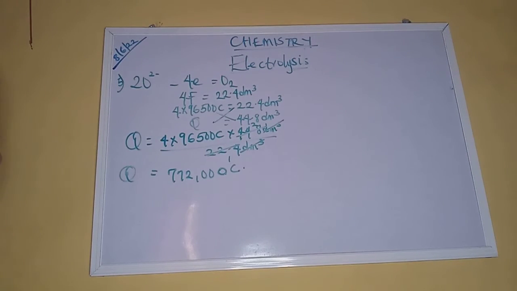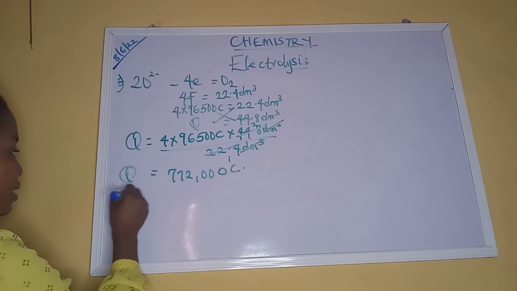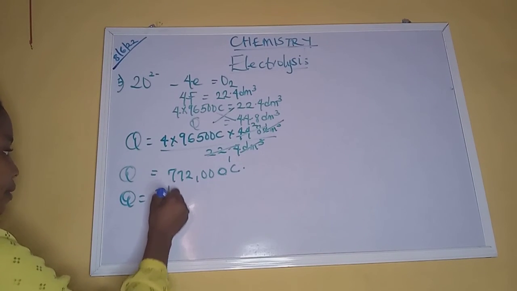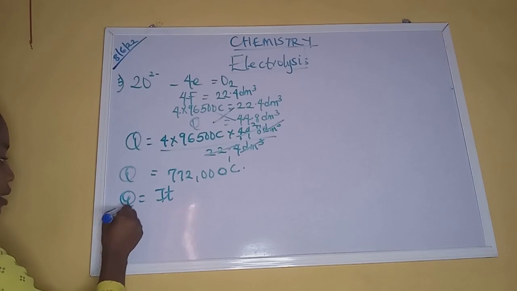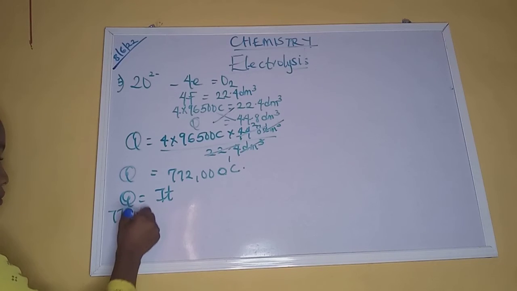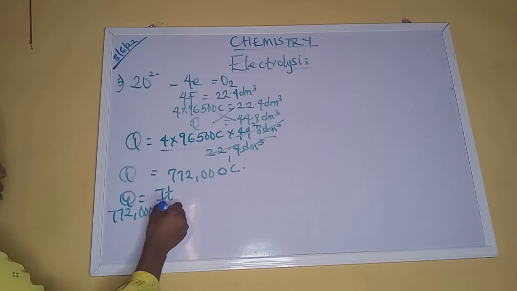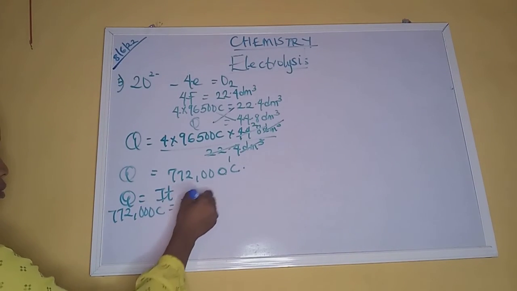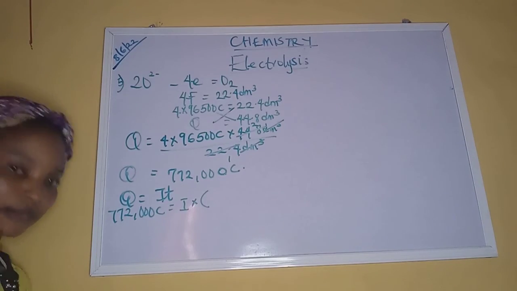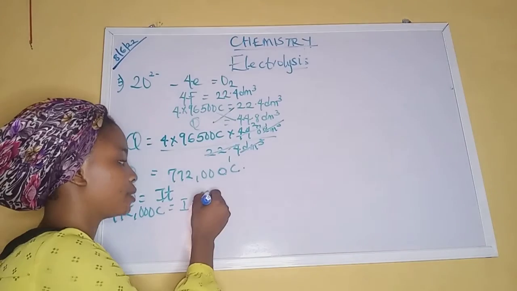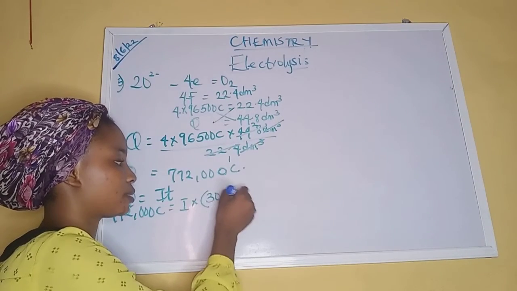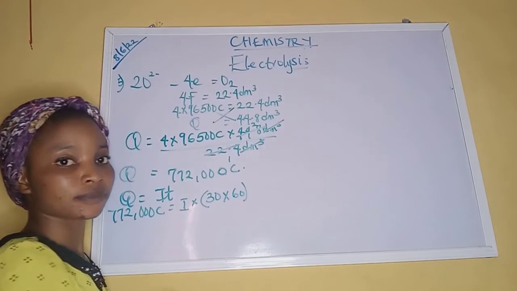Is that all about the question? No. We're asked to find the current. So if this is 772,000 coulombs, and my time, we'll be converting the time to seconds, we have 30 times 60 seconds.